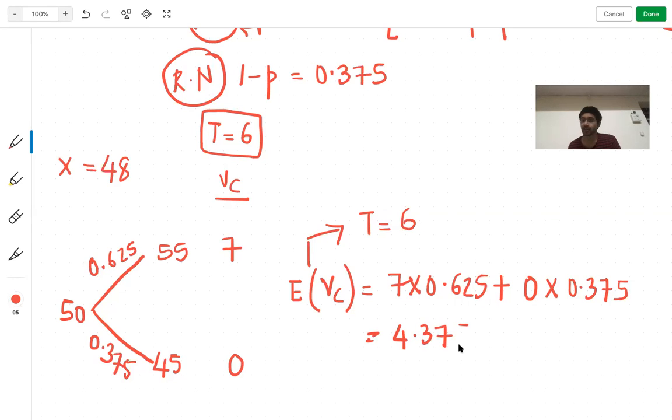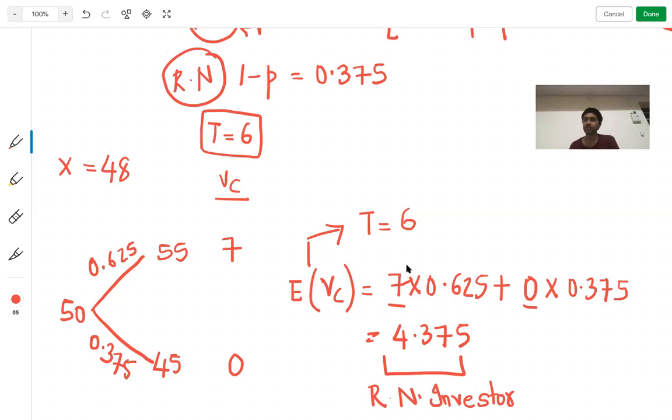Okay, this 4.375 is not the expected value of a call option from the point of a risk averse investor. It is the expected value of a call option from the viewpoint of a risk neutral investor. The reason being, the probabilities that we have used over here are those of a risk neutral investor. Okay, 7 and 0 are going to be the same for every investor, whether he's a risk neutral investor or a risk averse investor.